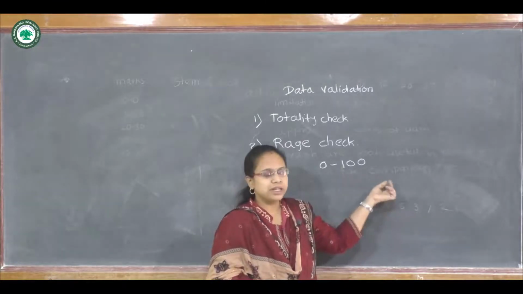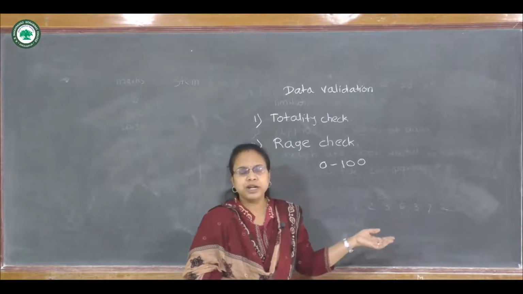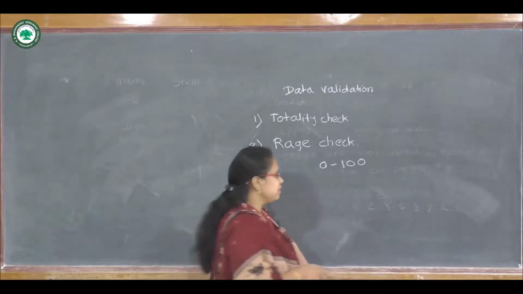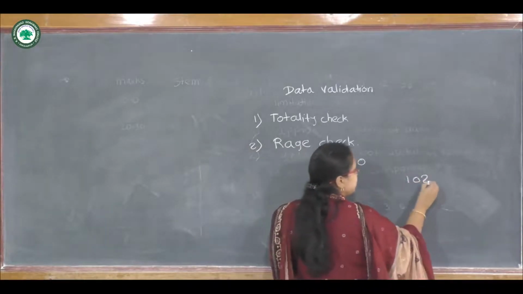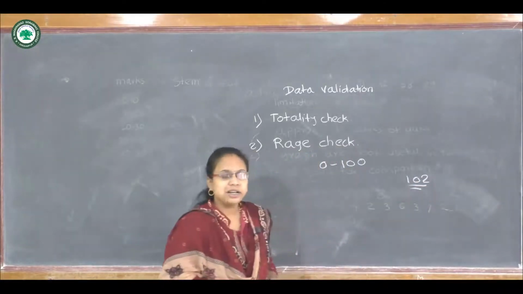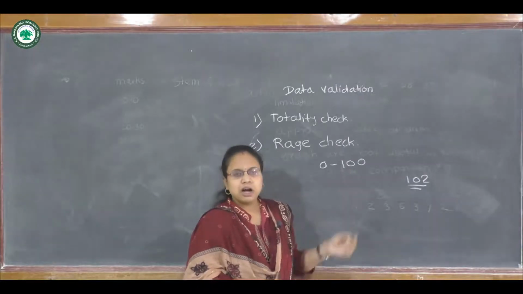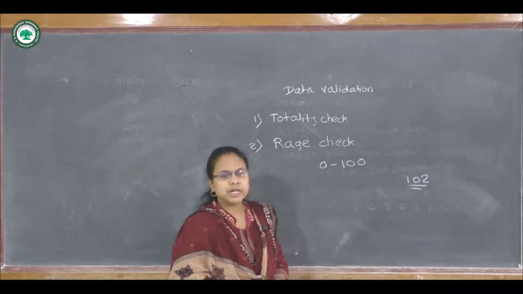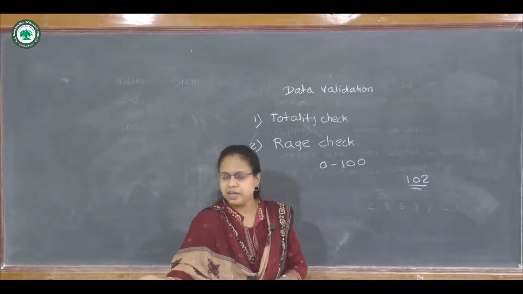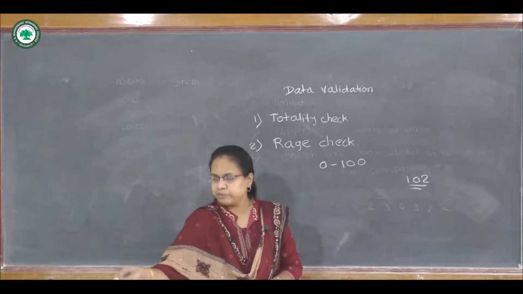Suppose one of the students gets marks 102, so this should not happen. So the range should be checked, that the marks should be within the given range. Also any negative number or any fractional number should not be there in the data.